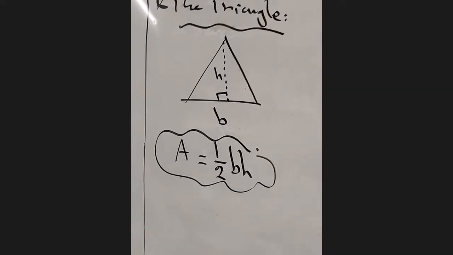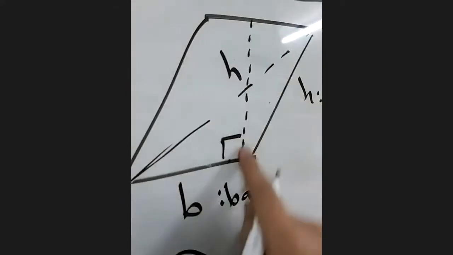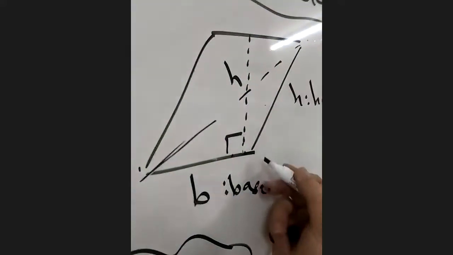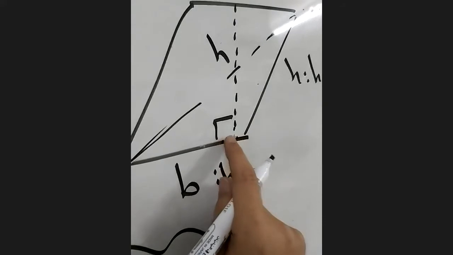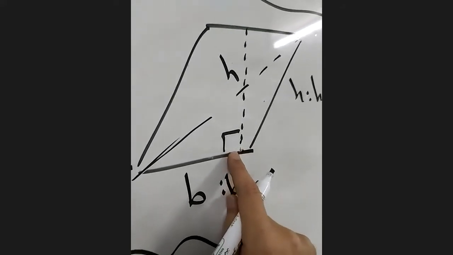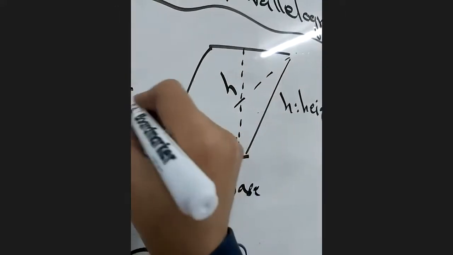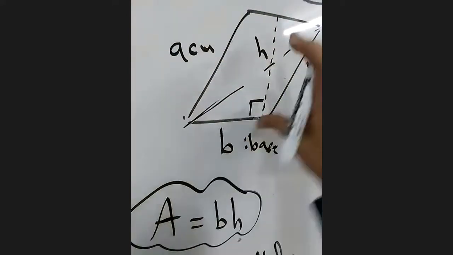By the way, guys, I need to focus on the height thing here. The height, how do we know the height? This is not the height here. This is not the height. The height should always have a right angle at the end. Don't forget that. So if the parallelogram, for example, this side is given 9 centimeter, it has nothing to do with the area. I need the base and the height.